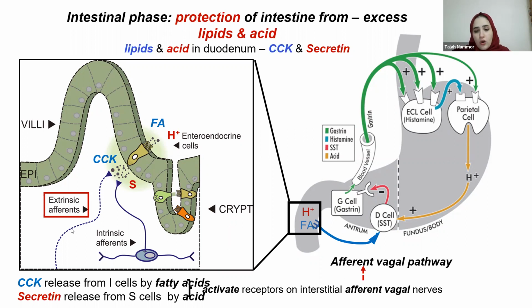Those two will go and activate the vagal nerve, but in an inhibitory type of fashion. So the vagus nerve will get activated. It will go to the D cell and tell it to release somatostatin. So by then we start releasing somatostatin, which will further decrease the gastric acid.